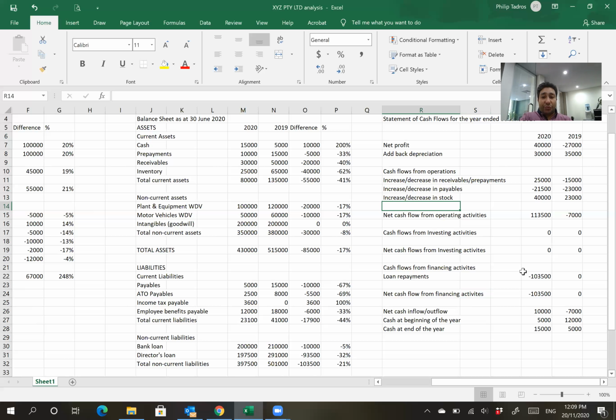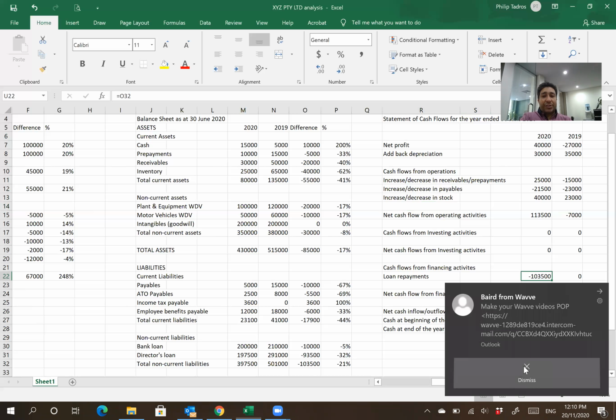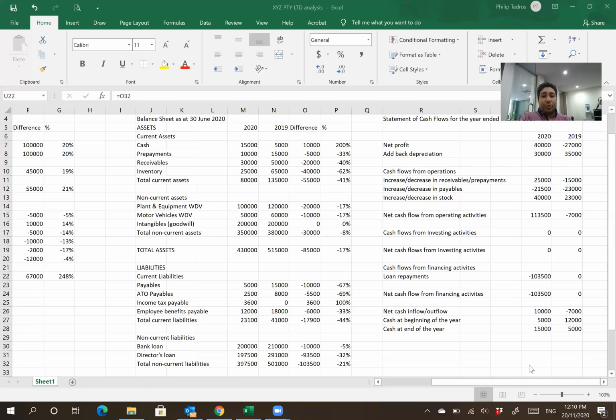Now, when we've determined all of the cash flows from operating, investing, and financing activities, we come to the net cash inflow and outflow. So we add the net cash flows from operating activities, net cash flows from investing activities, and net cash flows from financing activities.